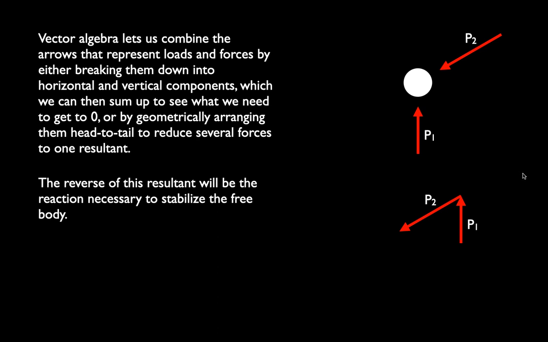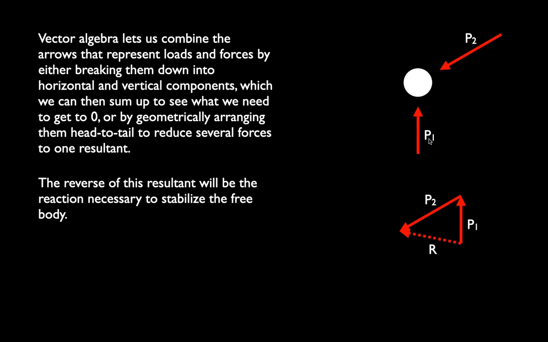So you can either do this using algebra and trigonometry, or you can go into AutoCAD and draw the arrows to scale and figure out graphically what the resultant would have to be. In all of these cases, what you find is that when you put the arrows head to tail, if you connect the tail of the first arrow with the head of the last arrow, you get a resultant, and that is the sum total of those two forces.